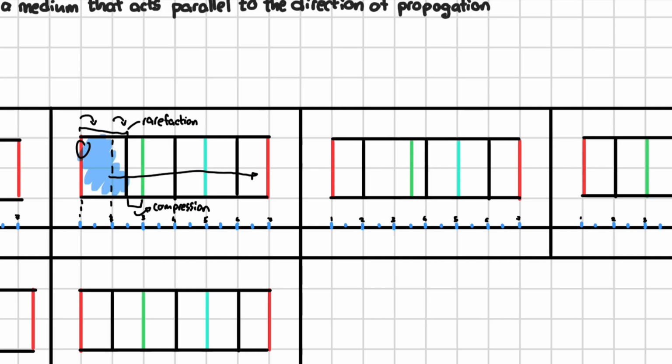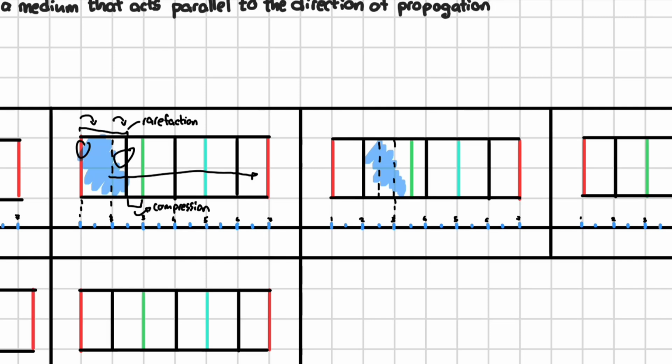We can see that after the black line was moved half a unit to the right from its original position, it's now moved back to its initial position, which was at 2, and the green line is now moved half a unit away from its original position, creating a rarefaction between the black line and the green line, where initially we had created a compression between the black line and the green line.